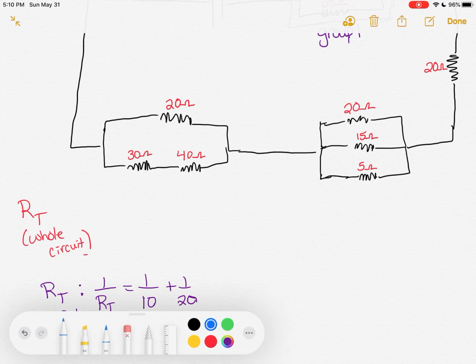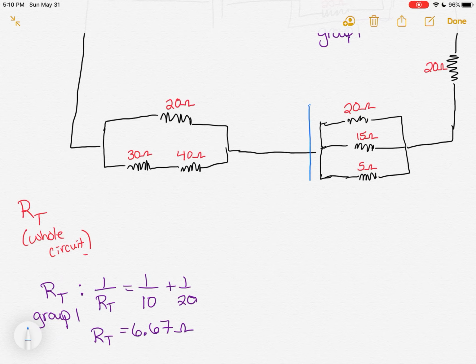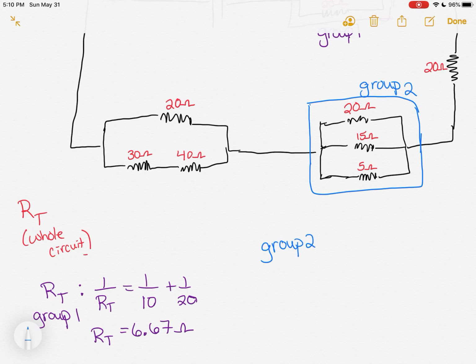But my next section that I need to group is going to be this section here. So I want to collapse those until they're just one resistor, and so I'm going to call that group 2. Okay, so with group 2, again, 1 over my RT, because this is in parallel, is going to be 1 over 20 plus 1 over 15 plus 1 over 5.